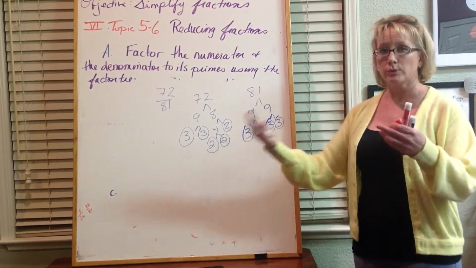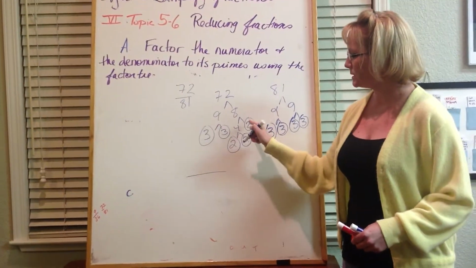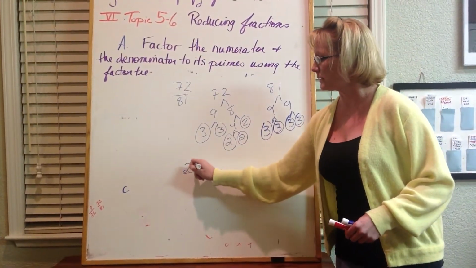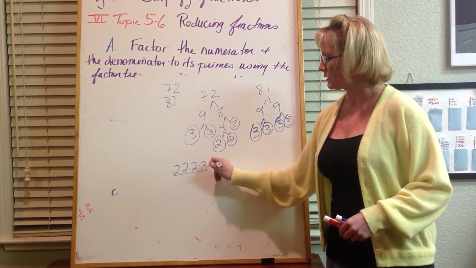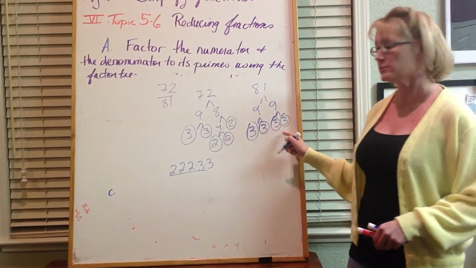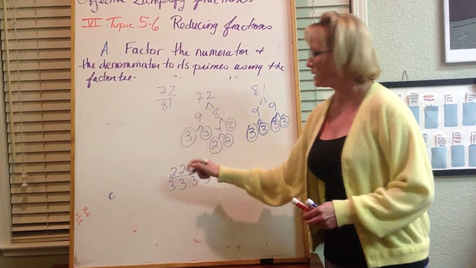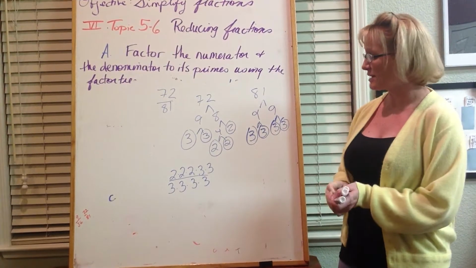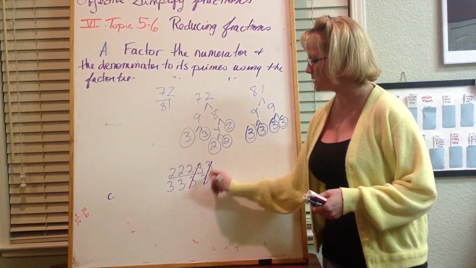So now we're going to rewrite it using the primes from the numerator on top. So that would be 2 times 2 times 2, and a 3 times 3. And on the bottom I have 3 times 3 times 3 times 3. So I have a bunch of 2s on top. Do I have any matches on the bottom? Nope. I have a 3 on top, and this matches, and this matches.